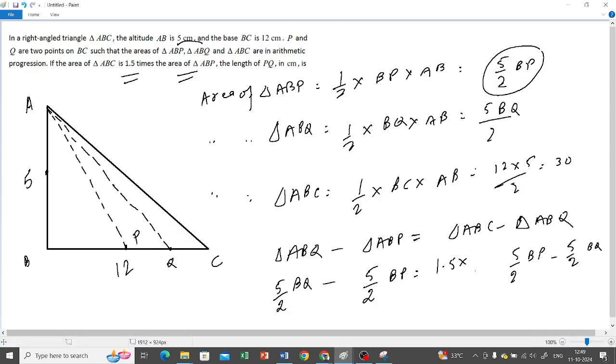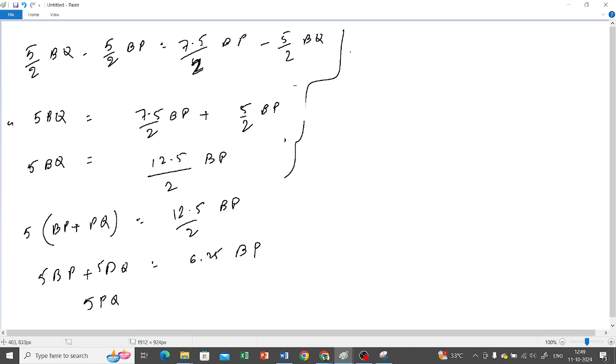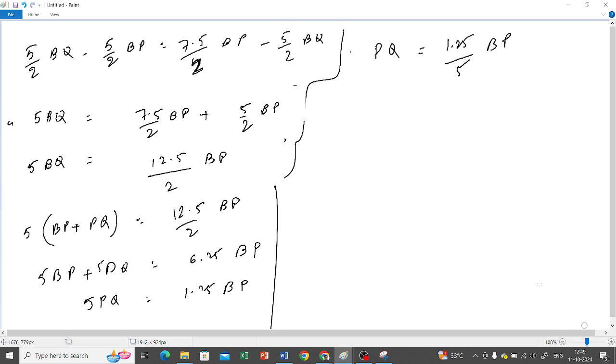BQ is BP plus PQ. So PQ is coming as 1.25 by 5 into BP.